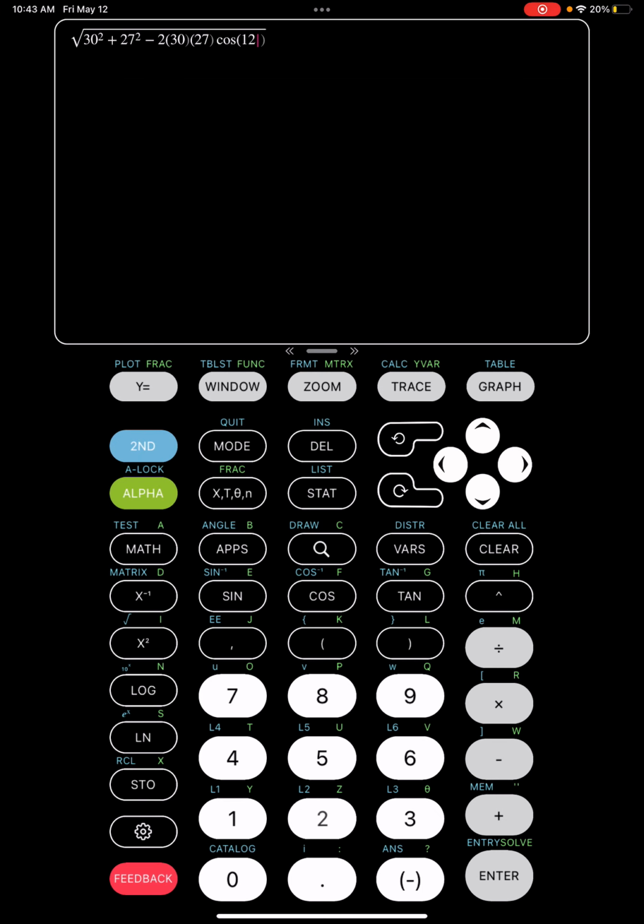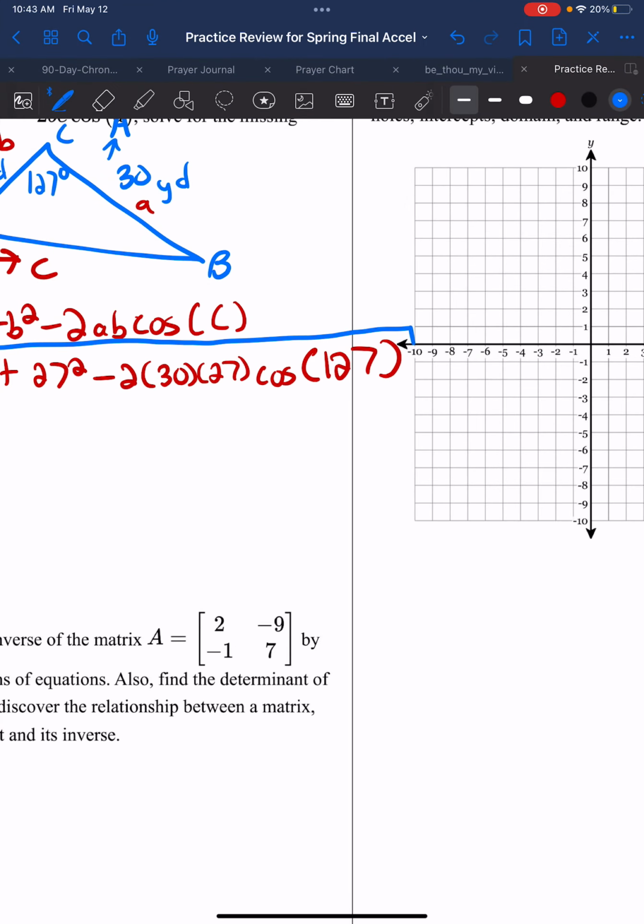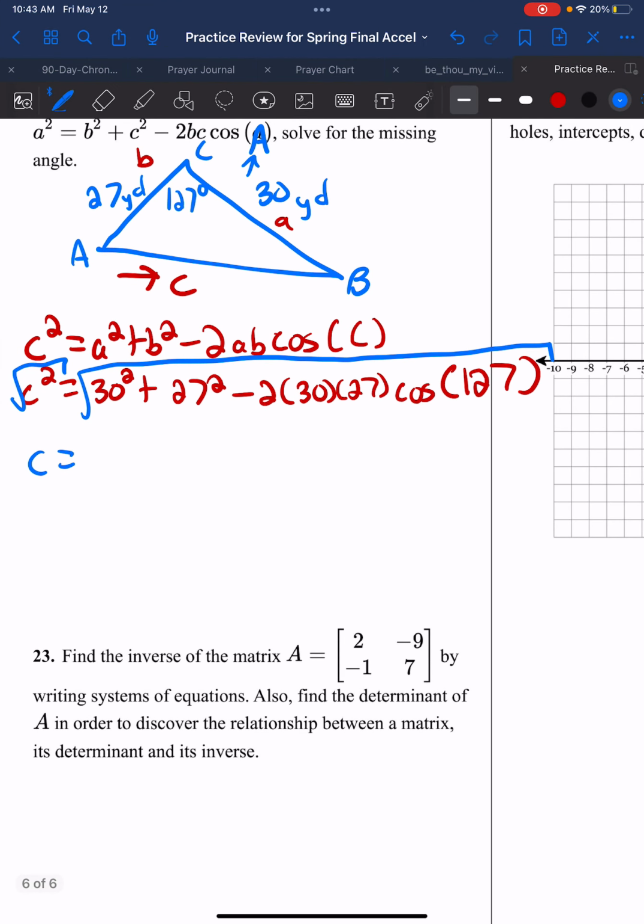When I type that in, that tells me that side is basically 51.03. So side C is 51.03, and I'm going to write that here. Now I'm going to erase all this just so I have room.